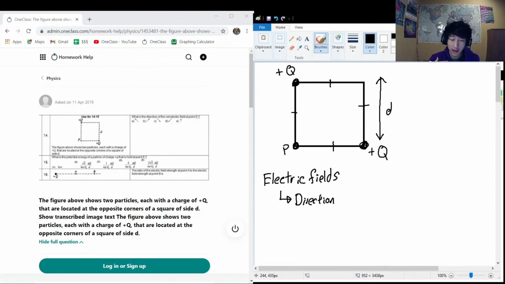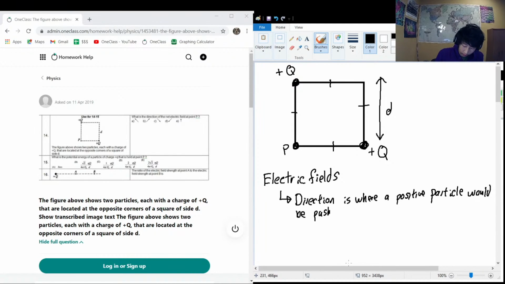The direction that an electric field is going to point is the direction where a hypothetical positive particle would be pushed.